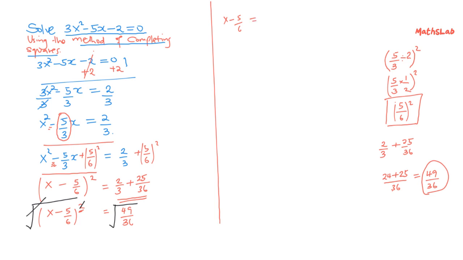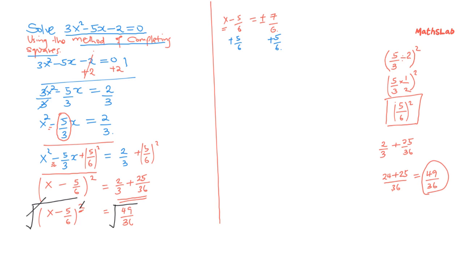On the other hand, we have the square root of 49 out of 36, which is going to be plus or minus 7 out of 6.